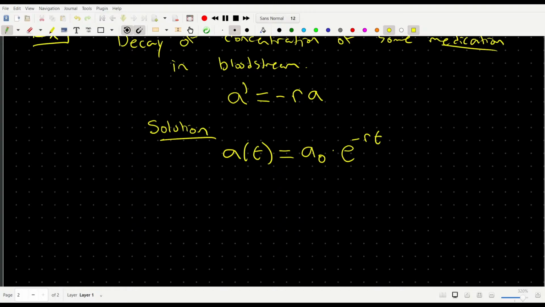So r is the decay rate, t is time, A of t is the concentration at time t, and A naught is the initial amount of medication administered.